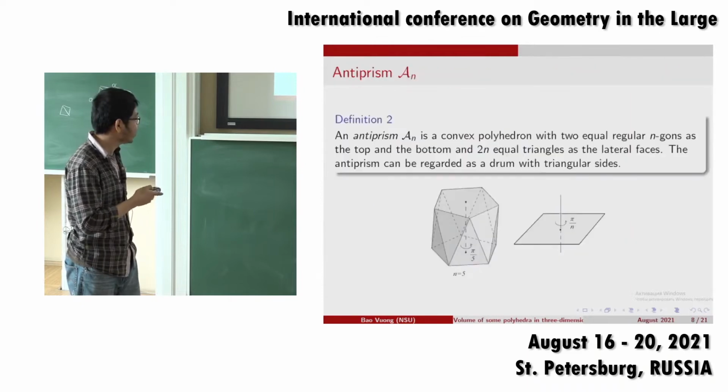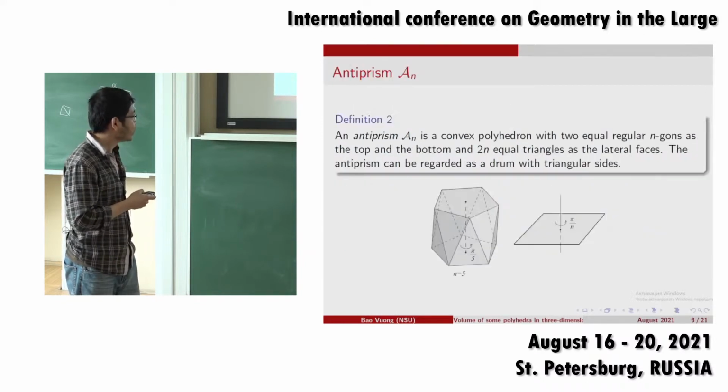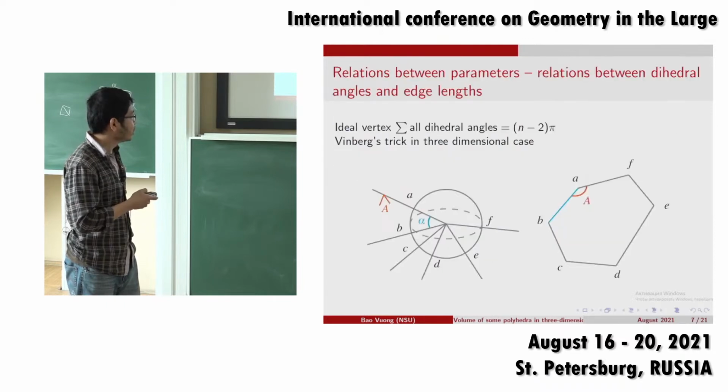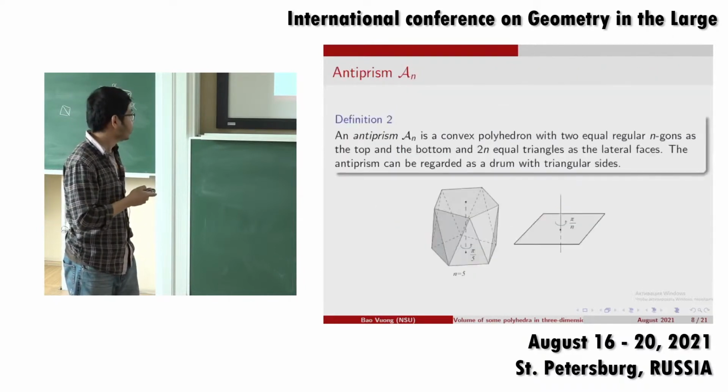That's the particular case. For the compact case, the inequality 2a plus 2c greater than 2 pi holds, because the polygon is spherical, and in the ideal case the polygon degenerates to a Euclidean polygon.